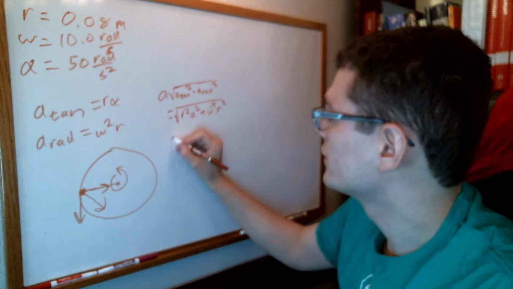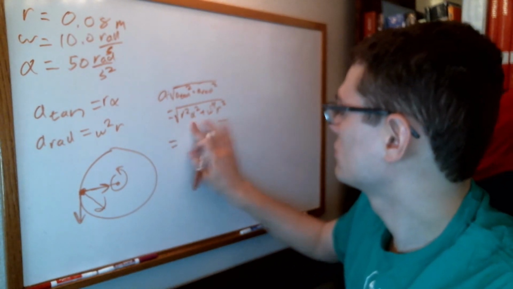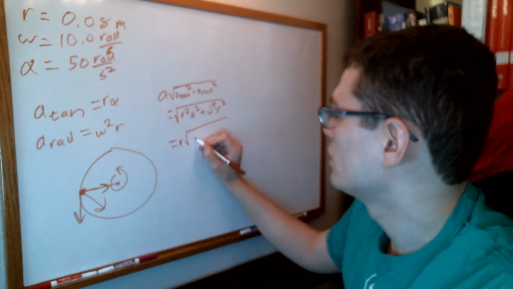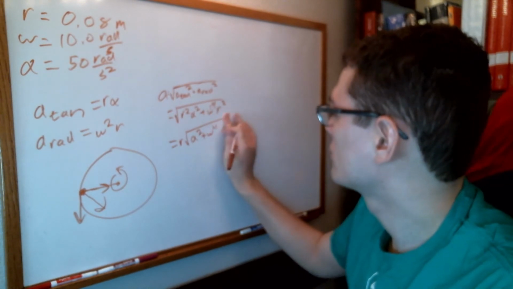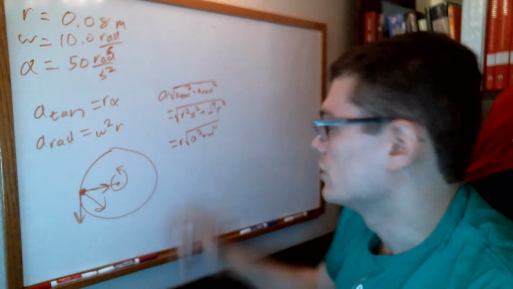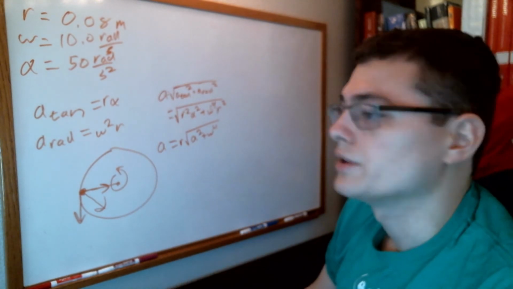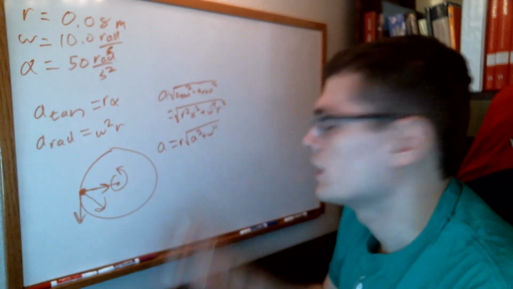So this is going to be equal to R square root of alpha squared plus omega to the fourth. And this will yield the acceleration algebraically. Then you can just start plugging in your quantities here, and this comes out pretty simply.